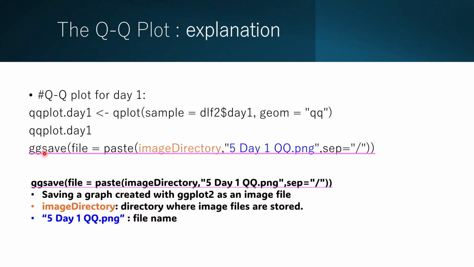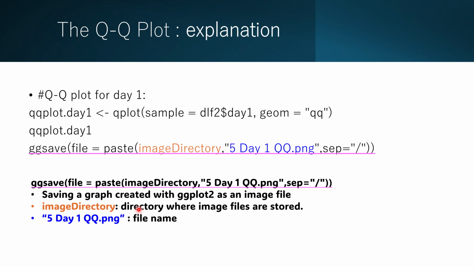And ggsave. ggsave saves a graph created with ggplot2 as an image file. The image directory is the directory where image files are stored, and this is the file name.